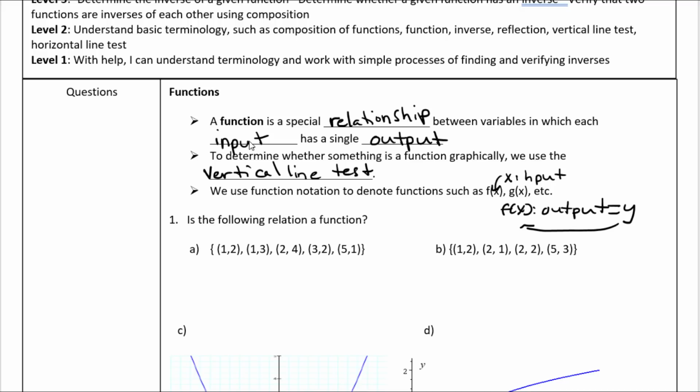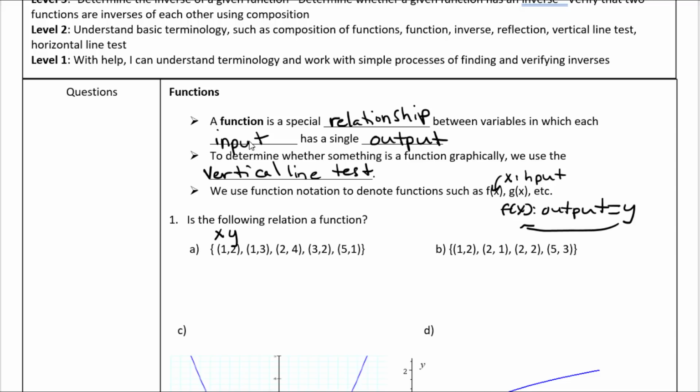So this is asking, is the following relation a function? For part A, you're looking at ordered pairs here, x, y. The inputs are the first coordinates in the ordered pair, and the outputs are the second number. So for each given input, do you have a single output?